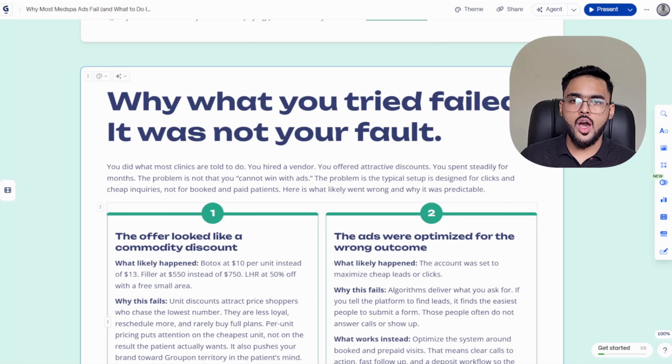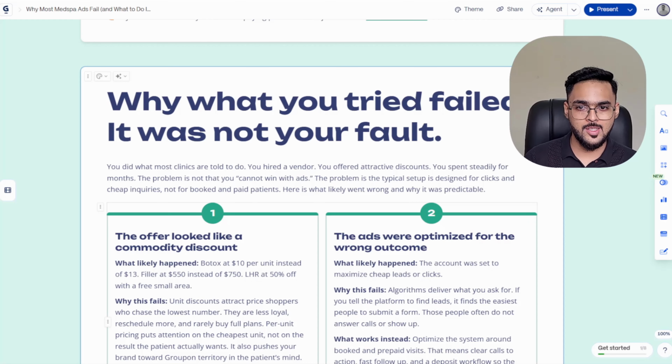Before I show you how to set up ads, let's talk about something important. If you've tried ads before and they didn't work, that's not your fault. Most med spas are told to run the same playbook: discount your Botox per unit, spend steadily for months, and hope people come in. What happens? You attract price shoppers, leads who don't answer the phone, no shows start to pile up, and you're left feeling like you're just burning cash.